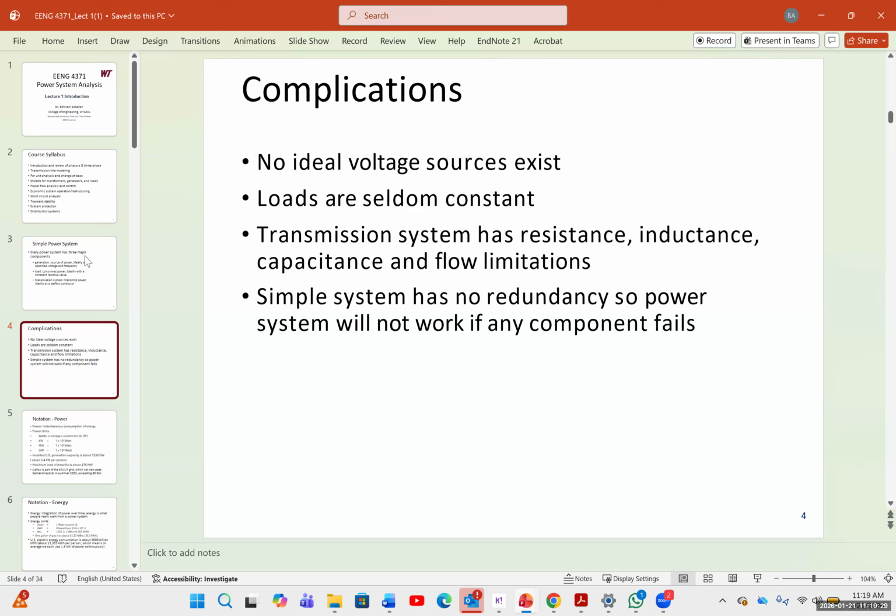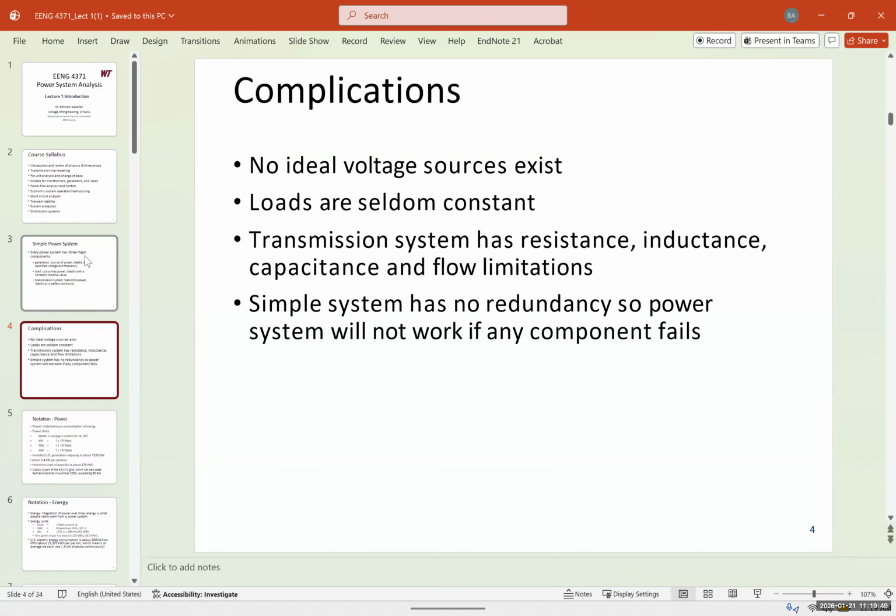The next thing is that the loads are seldom constant. The transmission system has inductance, resistance, capacitance, and flow limitations. One example that I can give is when you have a transmission line, like a 3-phase transmission line.